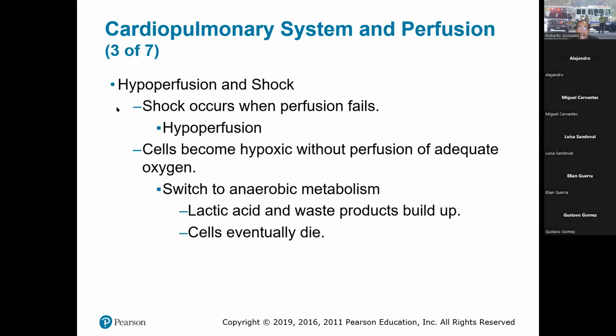Hypoperfusion, also known as shock, occurs when perfusion fails. With hypoperfusion, cells become hypoxic without perfusion of adequate oxygen. The switch to anaerobic metabolism, which is basically the cells working without oxygen, produces lactic acid and waste products which build up, and cells eventually die.